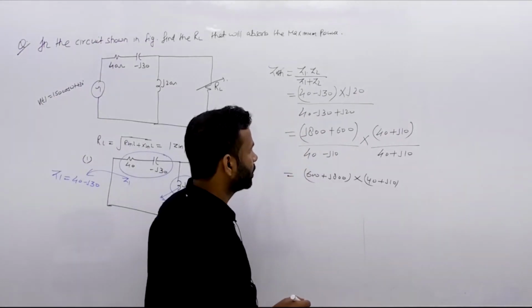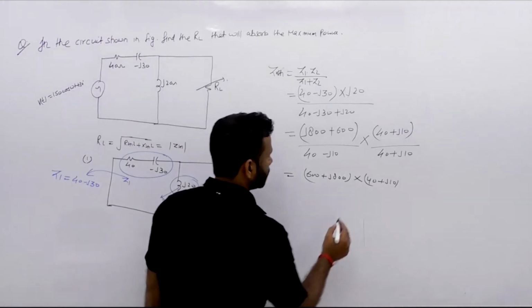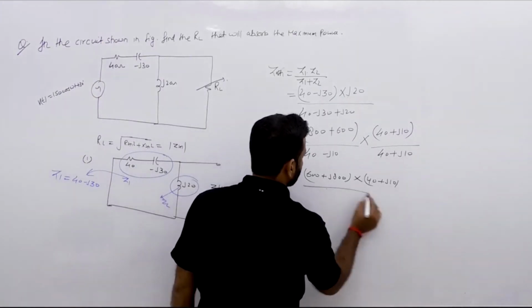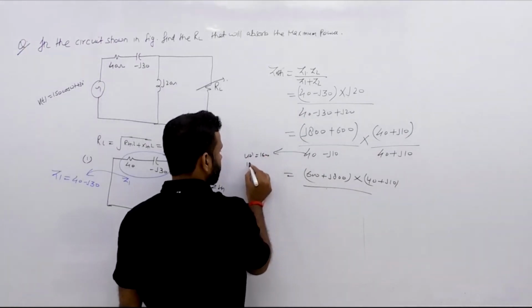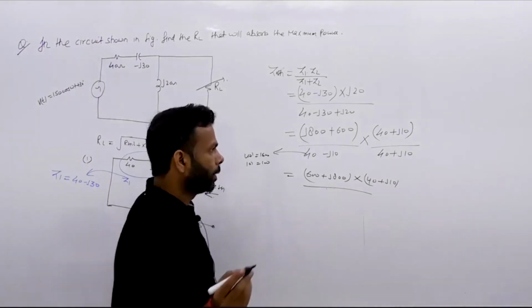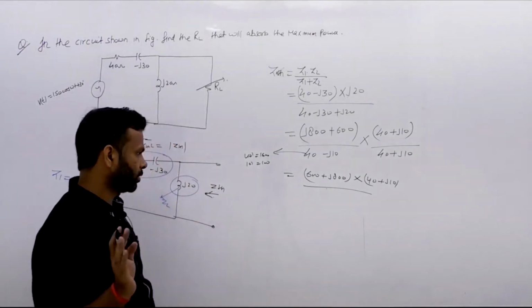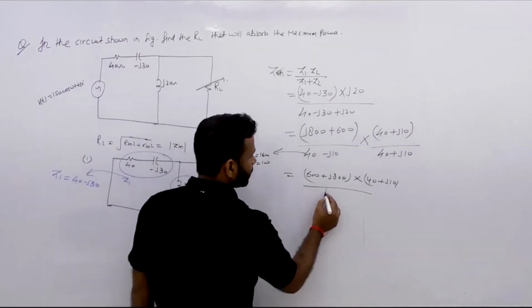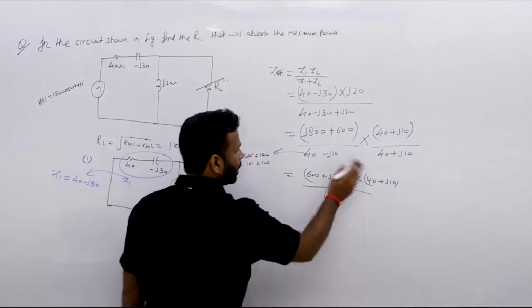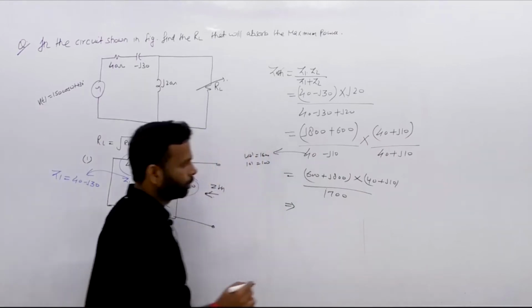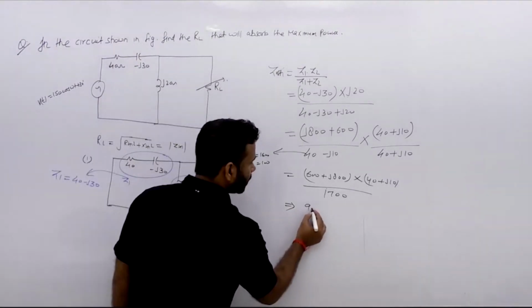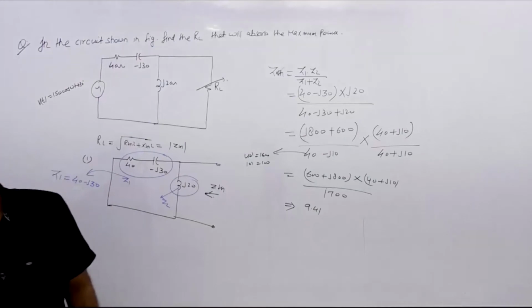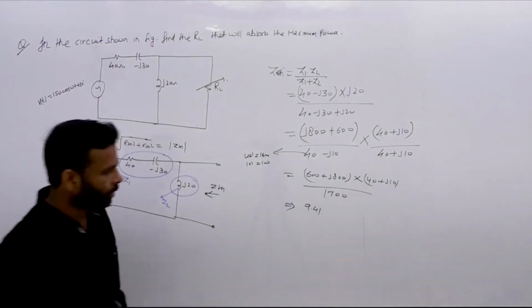That is 40 square is 1600 and 10 square is 100, so A square plus B square is 1700. Now if you multiply and solve with a calculator, you will have ZTH with real part 9.41, and then 22.35.